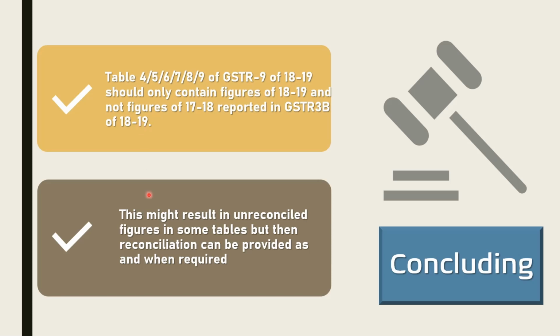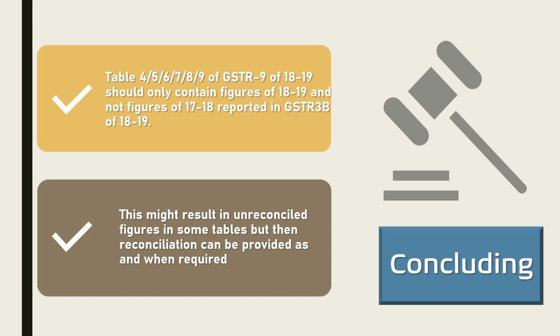And second, this might result in unreconciled figures in some tables, but then reconciliation can be provided as and when required. There might be some cases in table 6 or in some other tables that there would be unreconciled figures, but those unreconciled figures could be explained along with the other figures which have been reported in 17-18, and we would be looking at how to reconcile them along with examples in the coming slides.